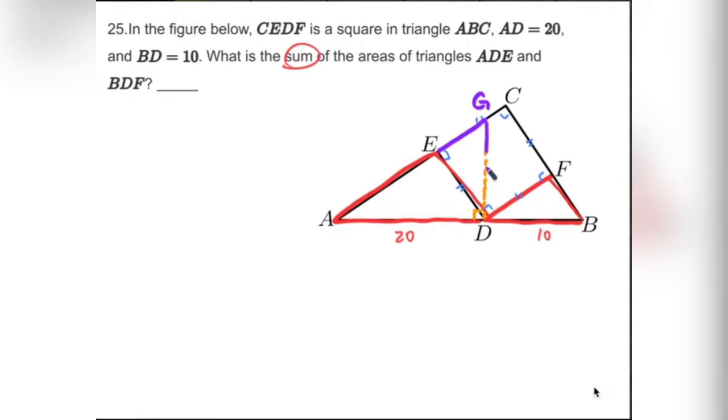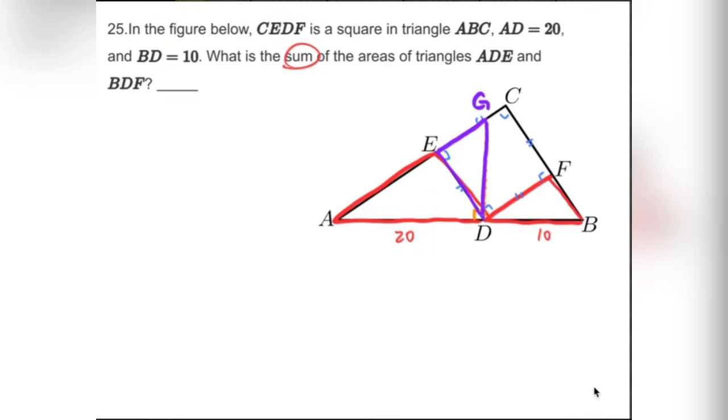So what about EGD? These 2 parts should be the same, I mean the area of triangle DEG and the area of triangle DBF. Why? Because they have an equal side, ED equals DF.